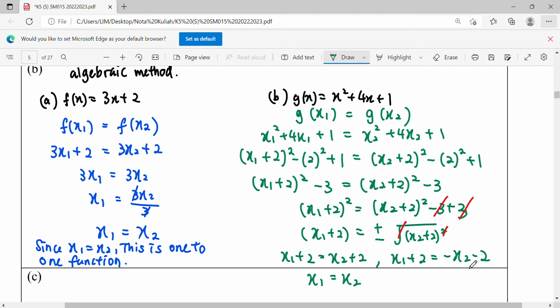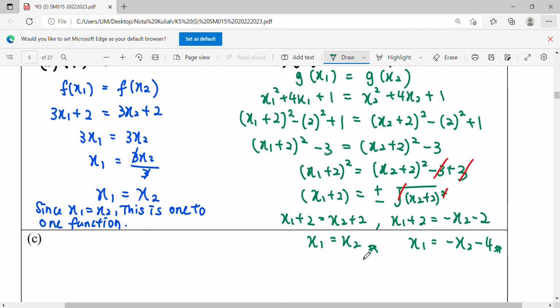Yes, this one can simplify to x2. But for this one, can it get x2? When you move 2 to the right hand side, it minus 2. Minus 2 minus 2 becomes minus 4. So our result shows that our answer doesn't come to one answer only, which is x1 equals to x2. It still has another answer, x1 equals to negative x2 minus 4. So this function cannot be a one-to-one function.